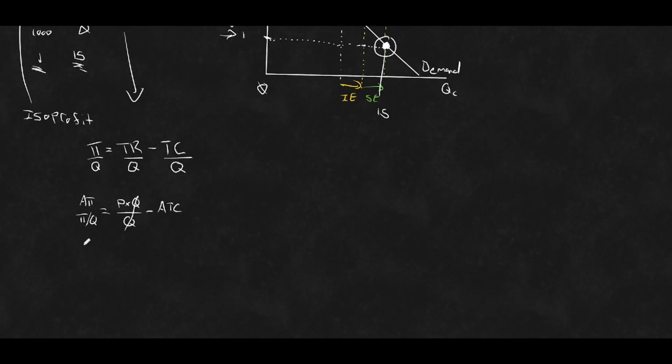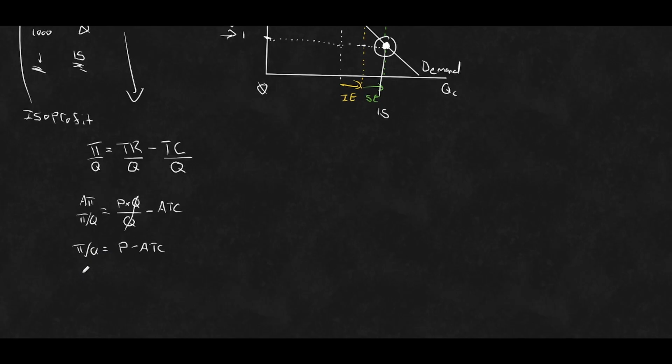Okay, to simplify this, we get that our profit per unit is equal to our price minus our average total cost. So, right, the amount that we get to sell a unit for minus our unit cost. Essentially, this is saying how much money are we making per cup of coffee? What is my profit per cup of coffee?